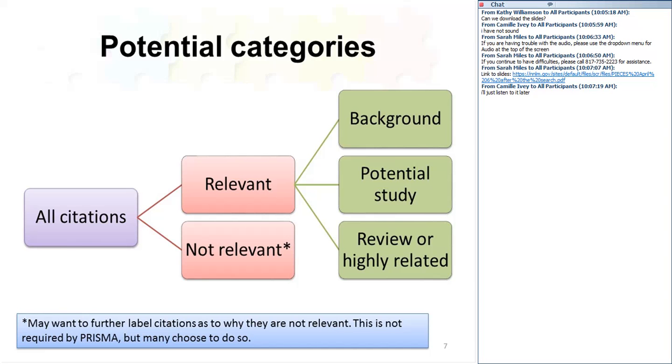They also may see things in there that are reviews or highly related articles that they'll want to later on look at those citations to see if they have any potential studies. And then there'll be, of course, the potential studies. And I put an asterisk on here referring to they may want to further label those citations marked as non-relevant with the reasons that they're kicked out.